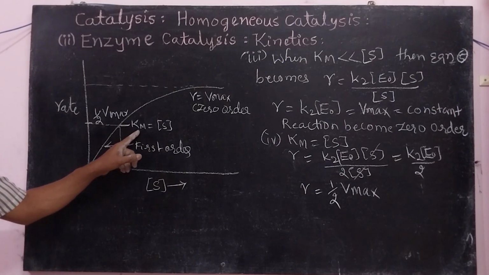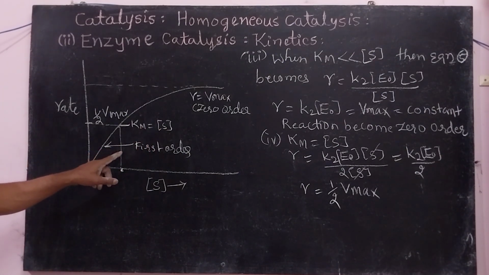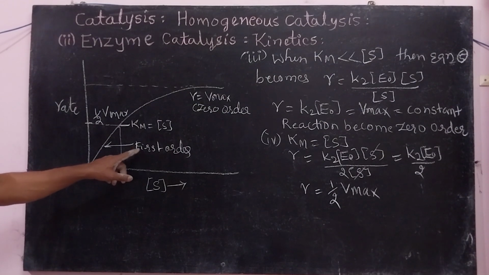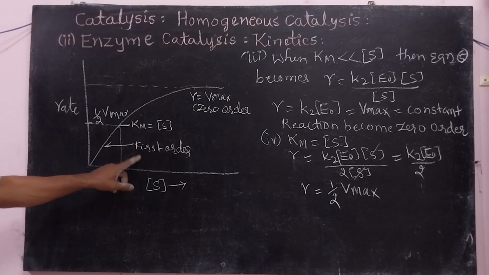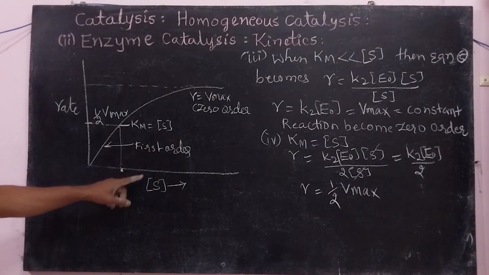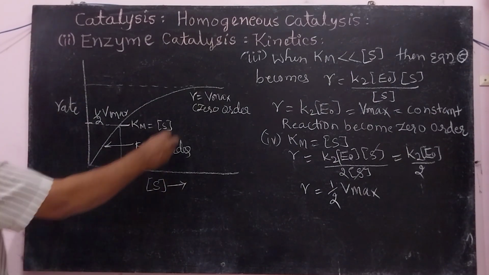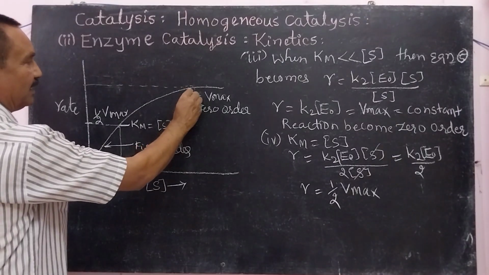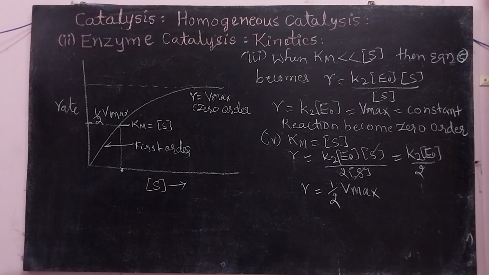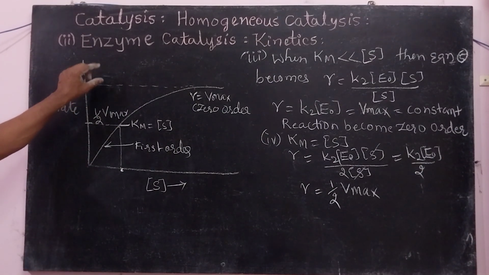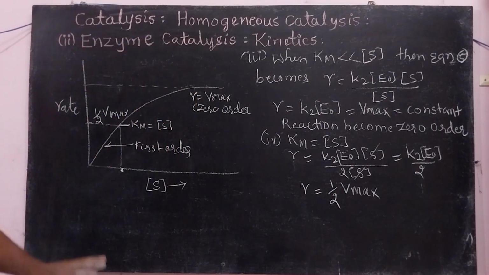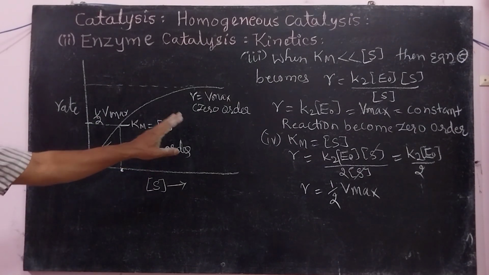When Km is larger than S, that is, S is smaller than Km, the reaction is first order. And another condition, where we get the Vmax, that is when all the catalyst is converted into the intermediate complex, the reaction becomes zero order.